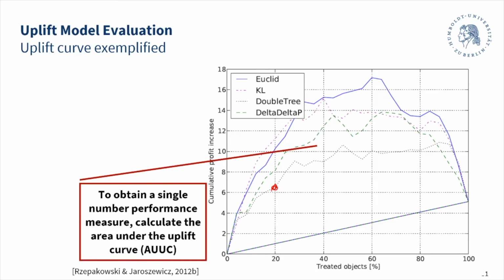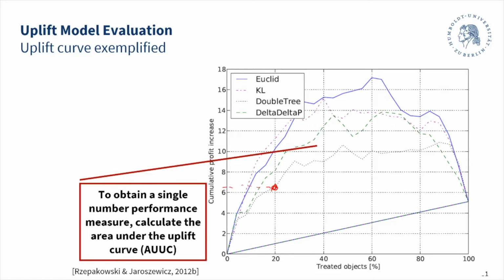If you decide to target 20% of your customers and you calculate the uplift for treatment and control at this 20% threshold, and then calculate the difference between these two quantities, you get a value, and this value would be just this one here.